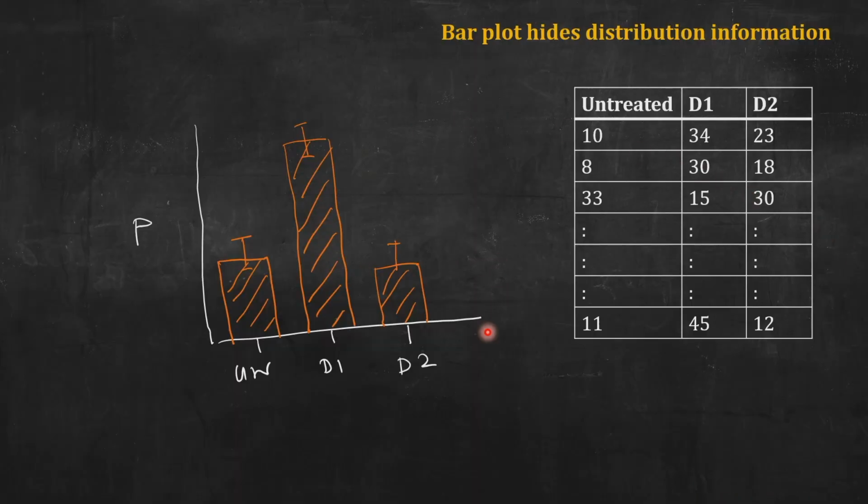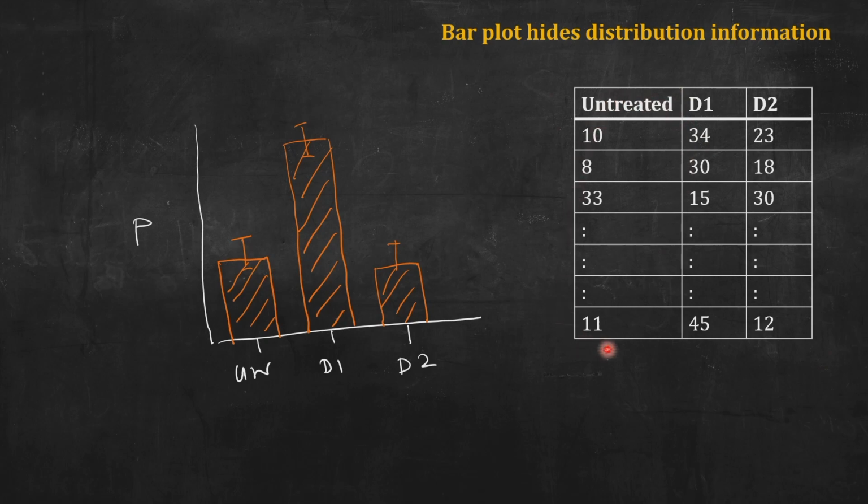So here I have, suppose, a hypothetical data set from an experiment where we have suppose 30 or 40 animals, and I have 3 groups of animal. In each group I have suppose 40 animals, and I am testing some effect of 1 or 2 drugs.